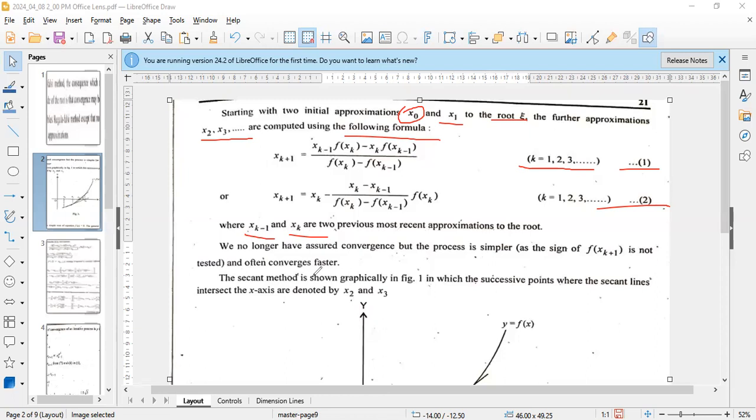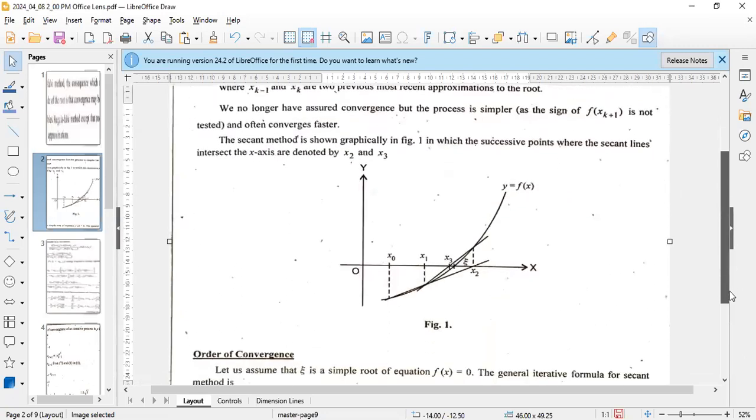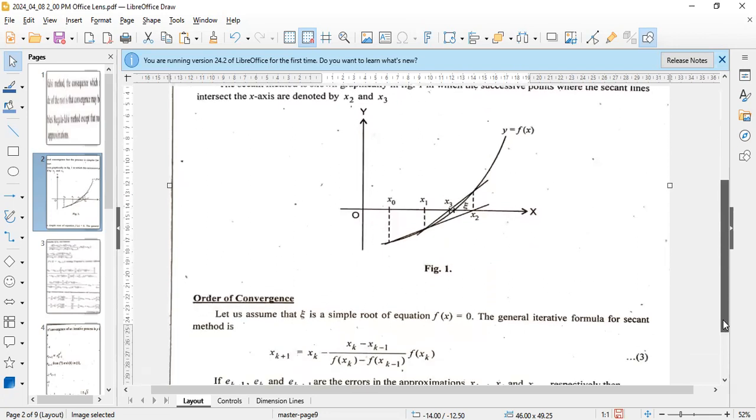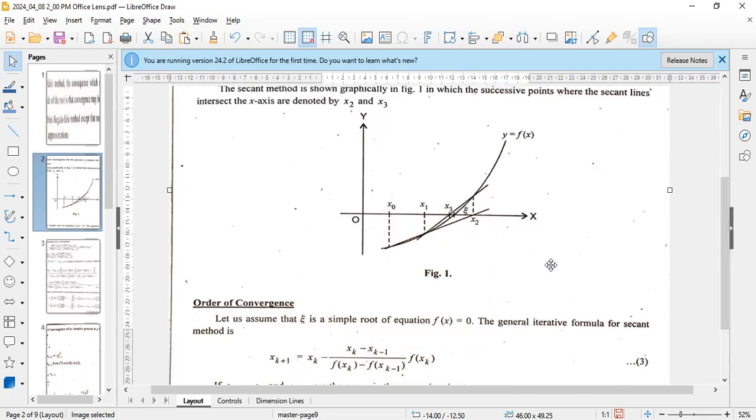The secant method is also shown graphically.